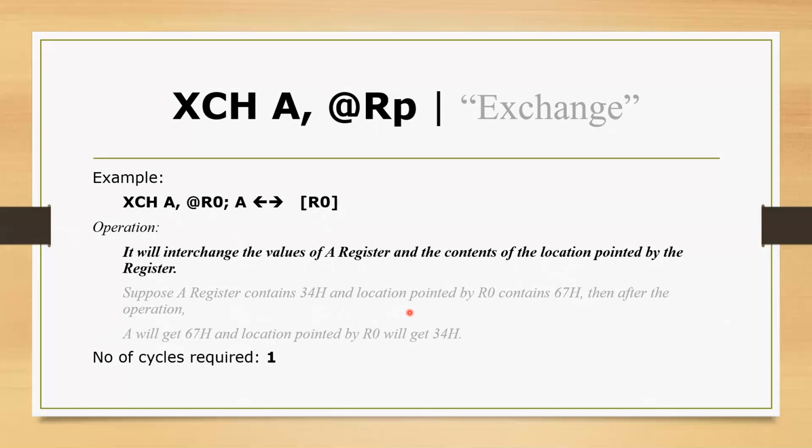So exchange A, @R0. Here the RAM register is pointing to a particular memory location. So it will exchange the value of A register and the content of the location pointed by the register. So suppose A contains the value 34. Let me draw this so you get a clear idea.